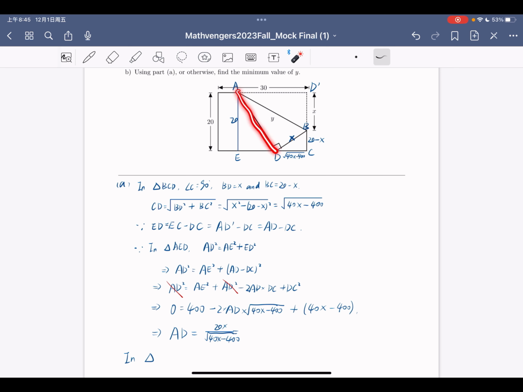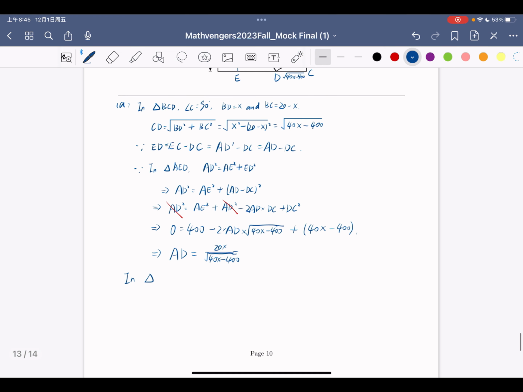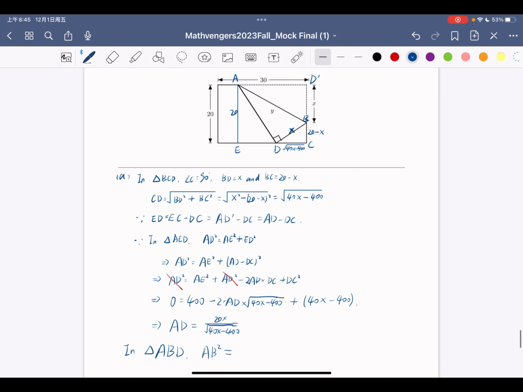We already know AD and we know BD, so we know y. Okay, so in triangle ABD, the square of AB is equal to the square of AD plus the square of BD.